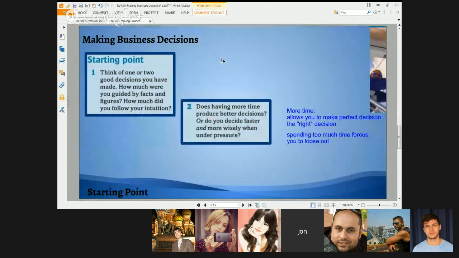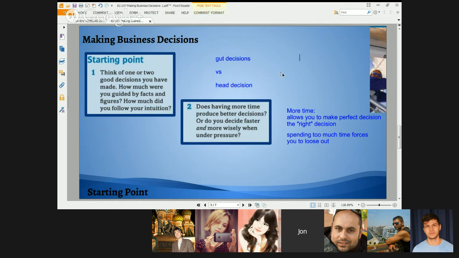So we call these gut decisions versus, maybe we could say, head decisions. What I mean is your gut is that area near your navel, your belly button. You don't think down there, you feel. Head decisions use your brain.